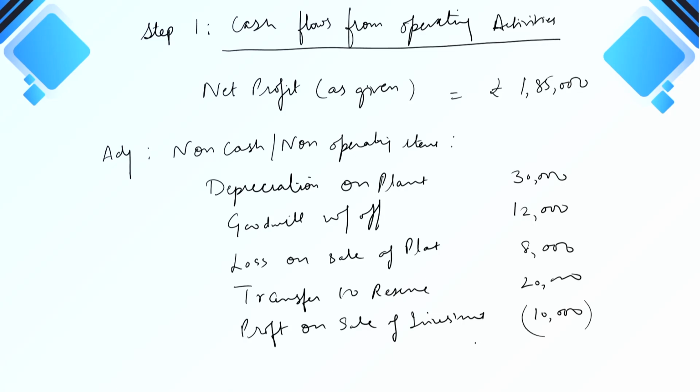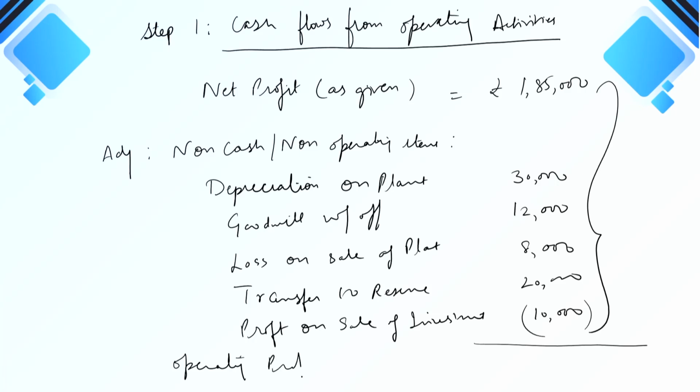Now, after taking all these items into account, inclusive of the net profit as given, we can calculate the operating profit before working capital adjustments, which is rupees 2,45,000.